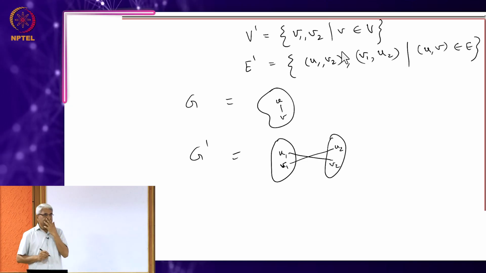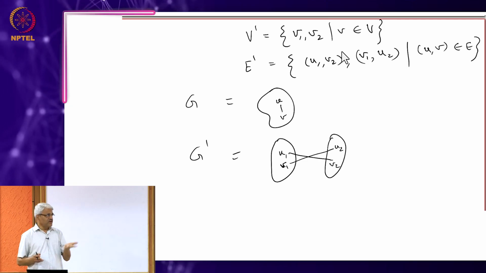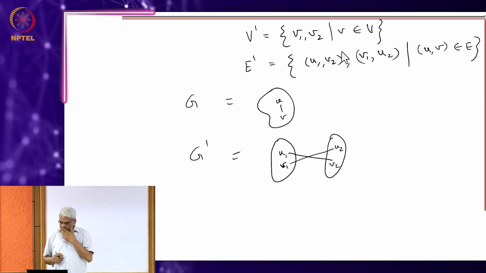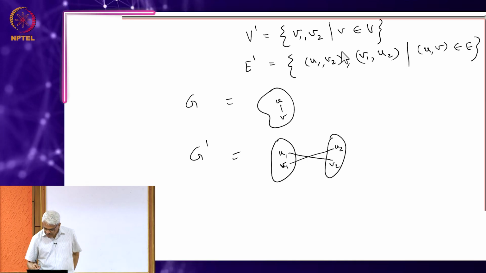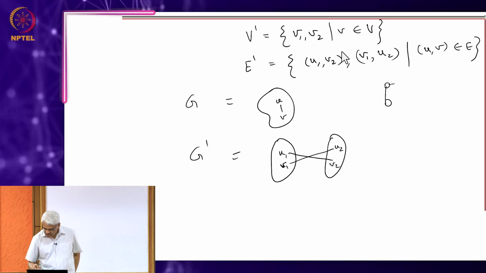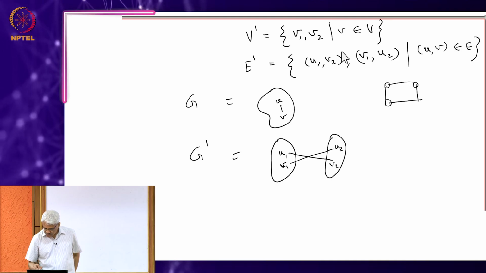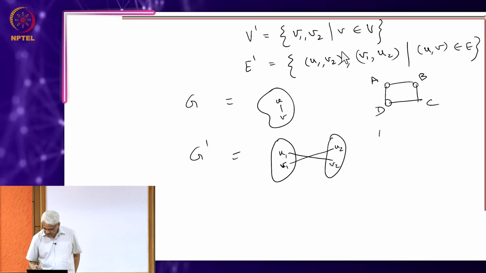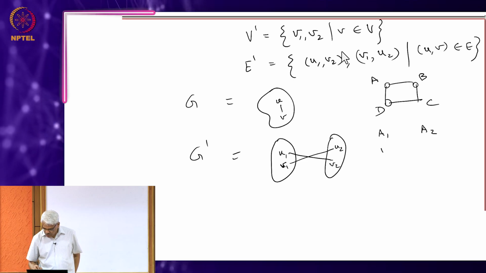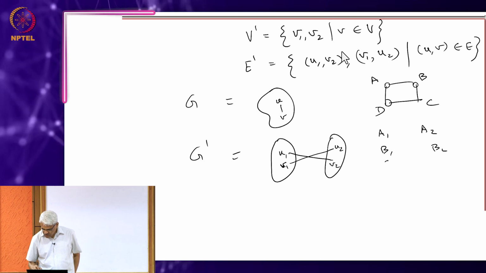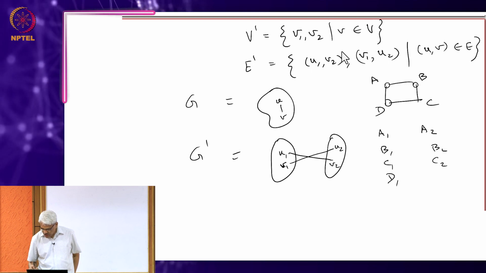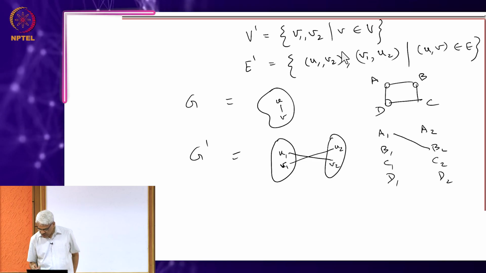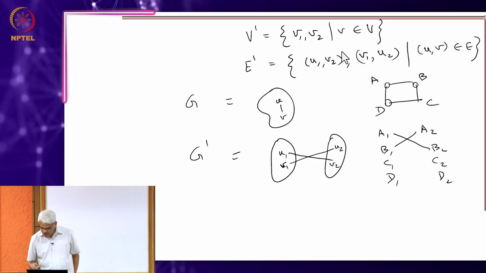Okay, is there a name for this graph? Product something. For example, if G is like this, then I will have A1, A2, B1, B2, C1, C2, D1, D2. Every vertex is copied. And since there is an AB edge, it will have A1, B2 and B1, A2.